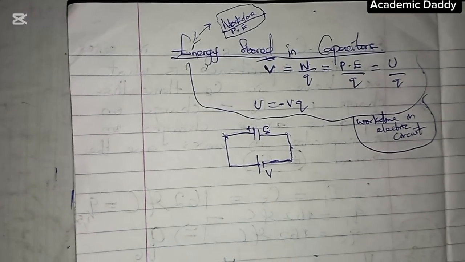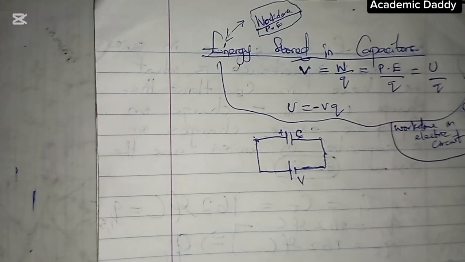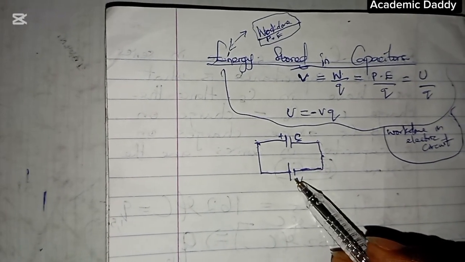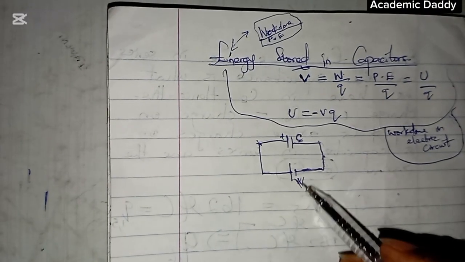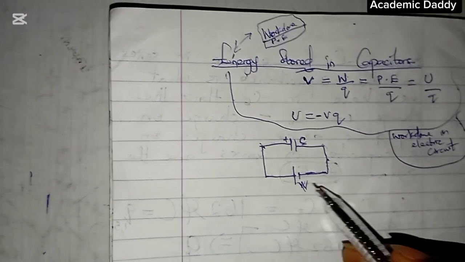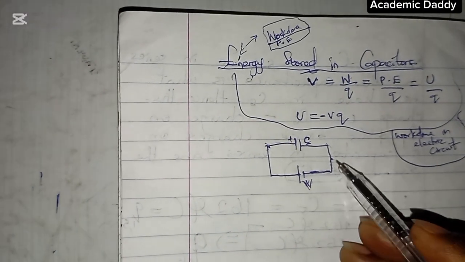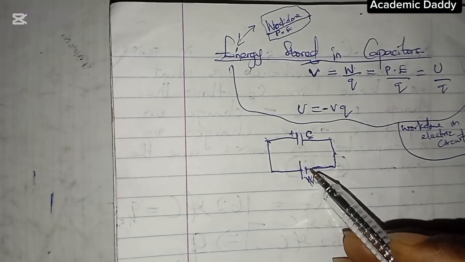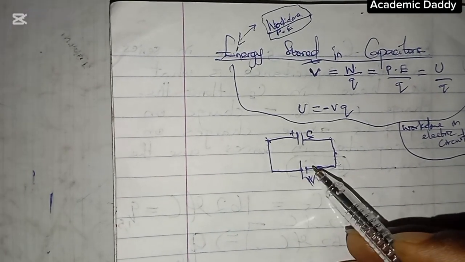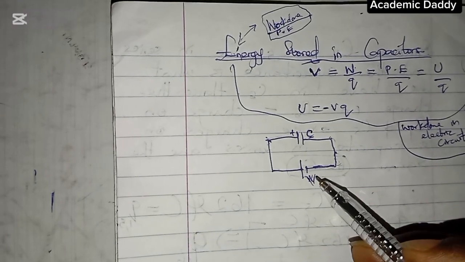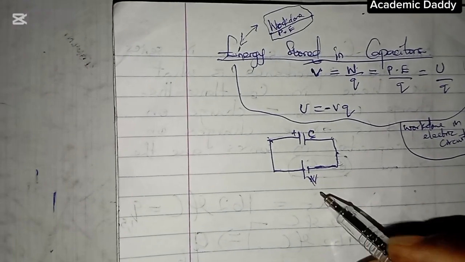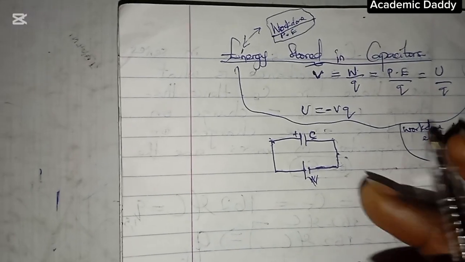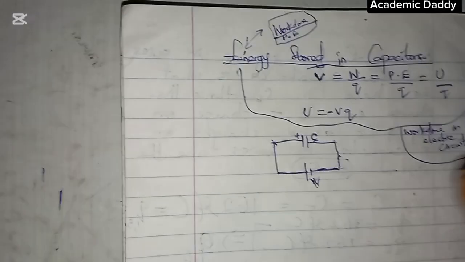So we normally say that the energy stored in a capacitor is equal to the work done in supplying it. So if I use this battery to supply, let's say, 5 coulomb of charge, and the work done is like 12 volts, by the time I remove it, what I've supplied is what will be there.